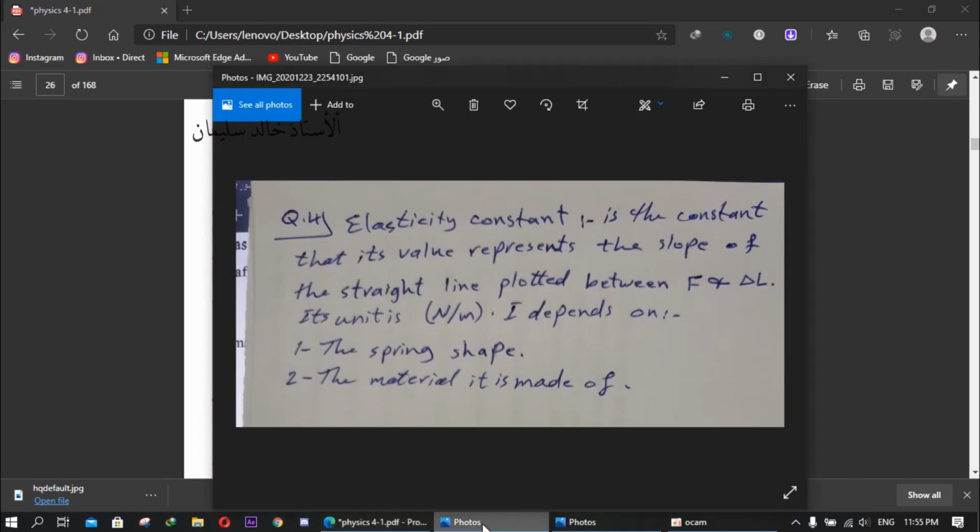The answer: the elasticity constant is the constant whose value represents the slope of the straight line plotted between F and delta L, the force and the stretching. Its unit is Newton per meter. It depends on, number 1, the spring shape and, number 2, the material it's made of.